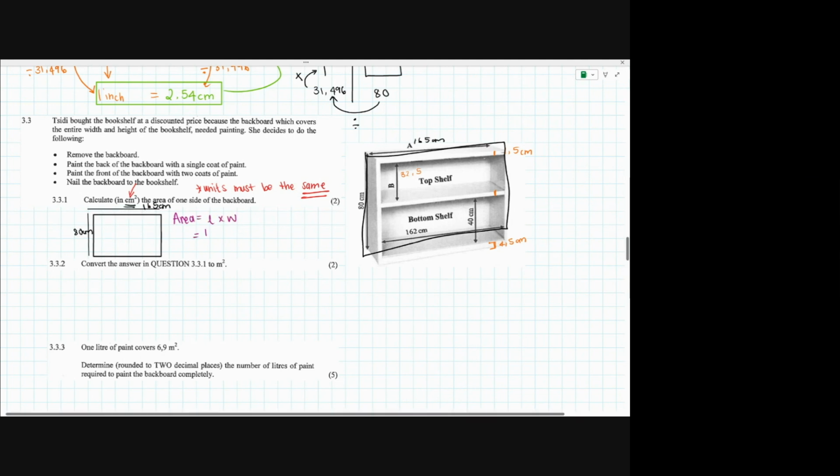We know the length is 165 centimeters, and we know the width is 80. And so we just multiply those two values together, and that gives me 13,200 centimeters squared. And so now what I know is that this entire back of my bookshelf has an area of 13,200 centimeters squared.